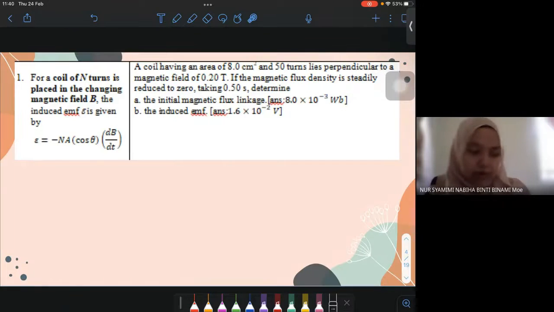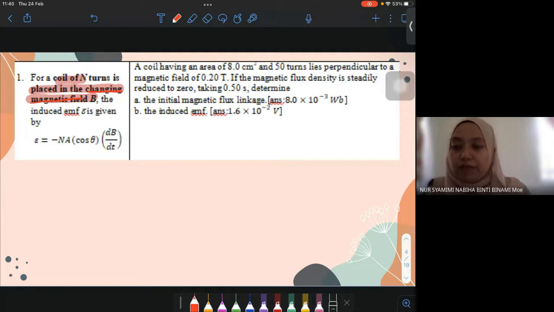Okay, so macam kita belajar tadi, kita tengok dekat learning objective tadi ada 3 benda yang kita kena tahu. But before that, we need to know how to use the equation for induced EMF. So it said that here, for a coil of N turns placed in the changing of magnetic field, so sekarang yang berubah ialah magnetic field, the induced EMF is given by E equals to negative NA cos theta dB over dt.